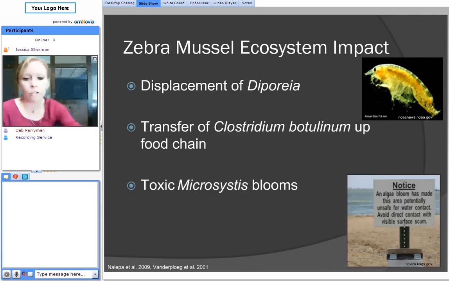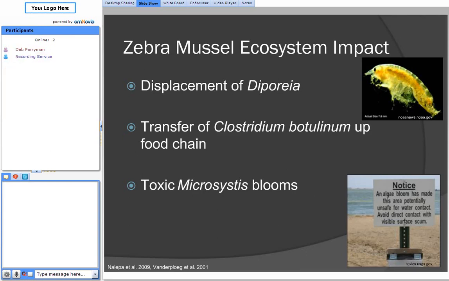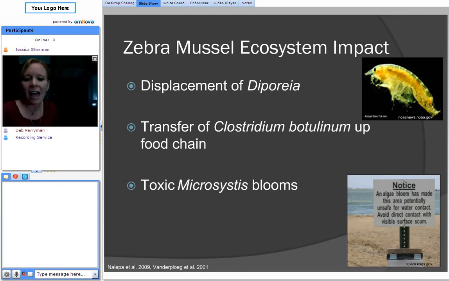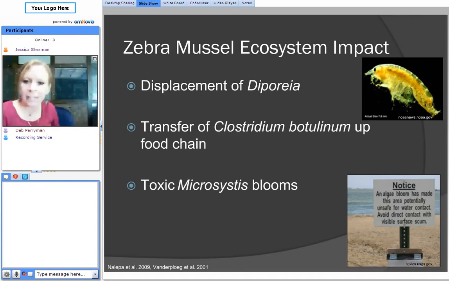We also see issues with microcystis blooms. And anybody living near Northwest Ohio knows that there was an algae bloom just a few weeks ago. And so what happens is that zebra mussels, being a filter feeder like I mentioned before, will filter particulates out of the water column and deposit them at the bottom of a system.